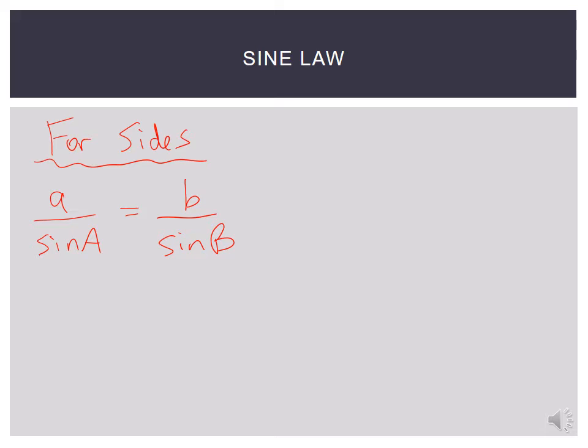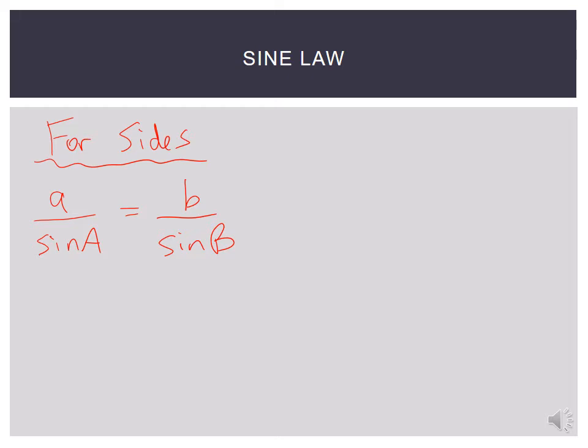And really you just have to remember the pattern. Small letters on top, capital letters on the bottom, and then within each fraction, A goes with A and B goes with B. You should never have those things mixed up.